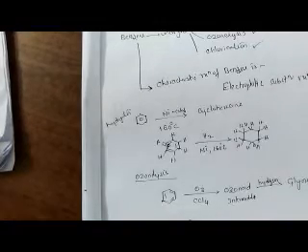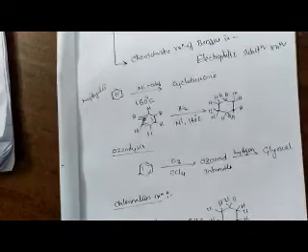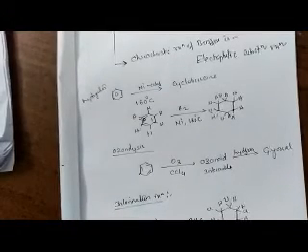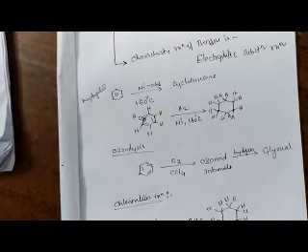So the physical properties we discussed. The chemical properties of benzene generally include hydrogenation, ozonolysis, and chlorination. But the characteristic and most important reaction of benzene and its derivatives is electrophilic aromatic substitution. On treatment of benzene with hydrogen at 160 degrees centigrade in presence of nickel catalyst, we get cyclohexane.